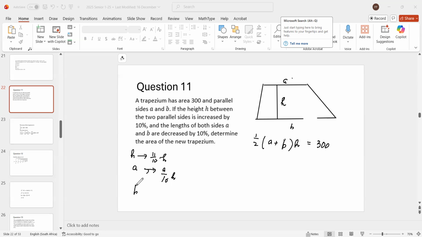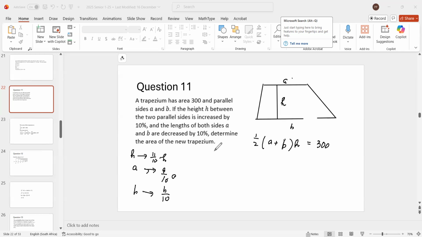Both of them. Okay, A goes to 9/10 of A. Not H.